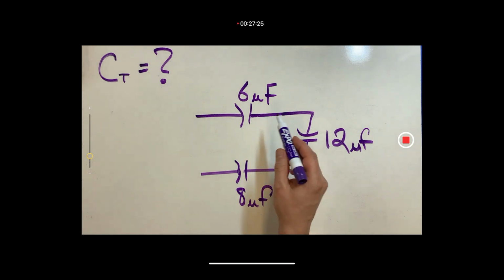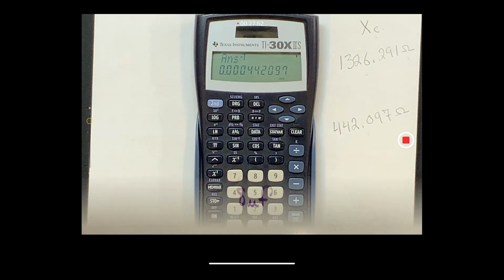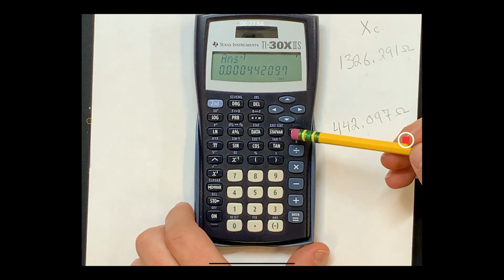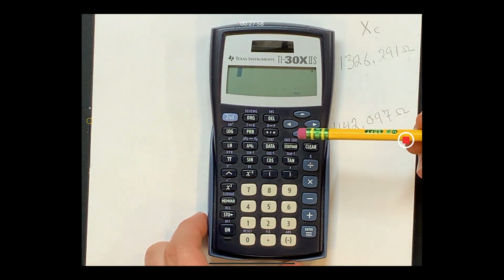So once I have 3 capacitance values in series, I can go back to my calculator and factor this using the reciprocal formula. And I'll do that quick for you guys one more time too. So clear out your calculator, and we have 6, 8, and 12 microfarads.